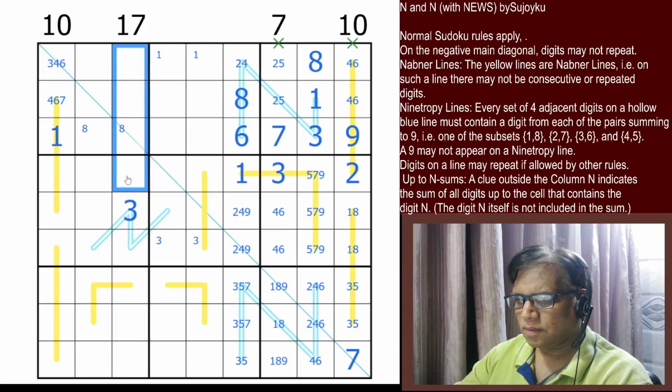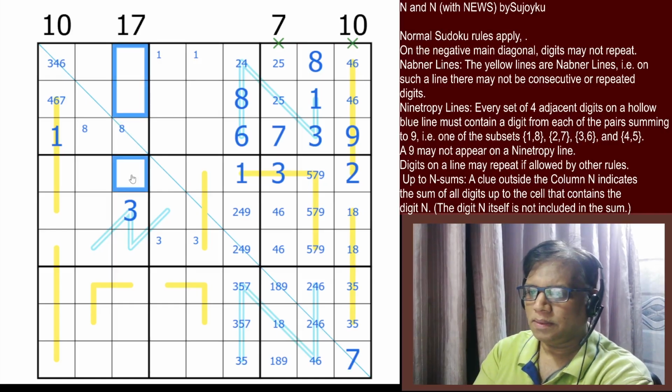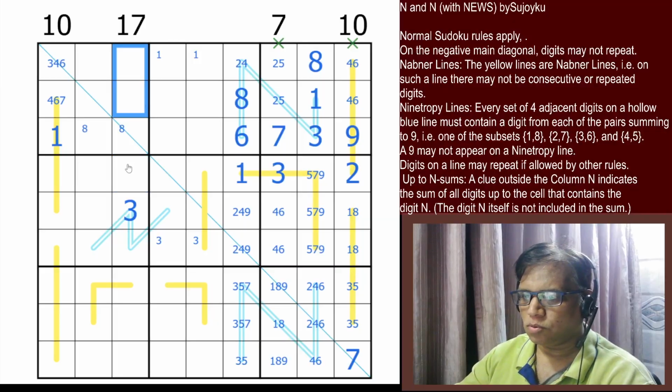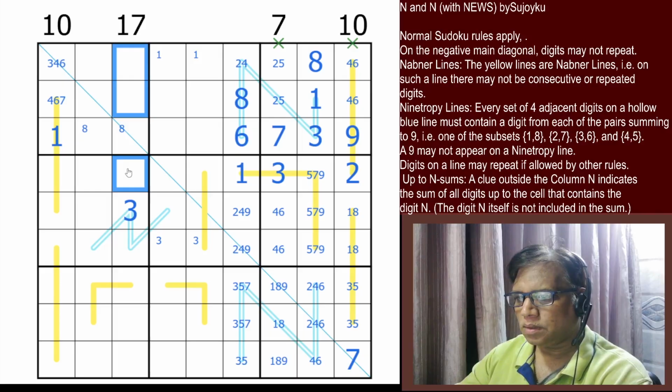I was thinking, can we do something more here? Because now 17 is in 4 and cannot have 3. Is this 8 possible? If that's 8, this should sum to 9, right? Because 17 minus 8 is 9, so this should sum to 9 without 3, without 1. No, not possible, right?